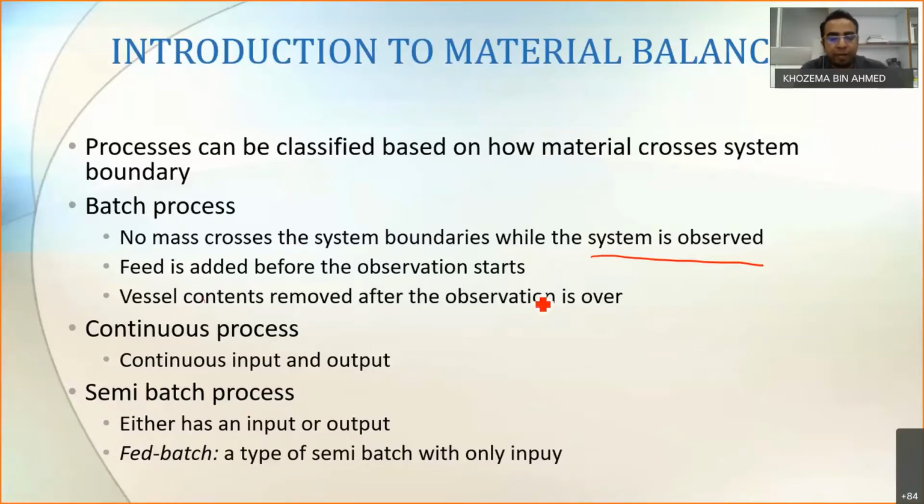If you have a batch system, you also have a continuous system. For a continuous system, as its name suggests, continuously you are adding something and continuously you are removing something. So there will always be input and there will always be output. One example in your house is your shower head.